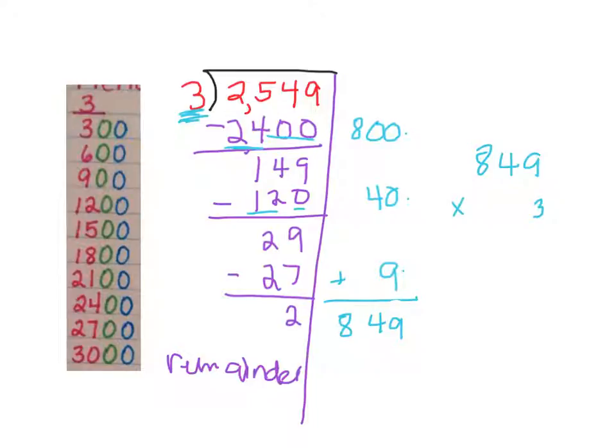That's my divisor. 3 times 9 is 27. 3 times 4 is 12. Plus 2 more is 14. 1 goes up, 4 goes down. 3 times 8 is 24. Plus 1 is 25.